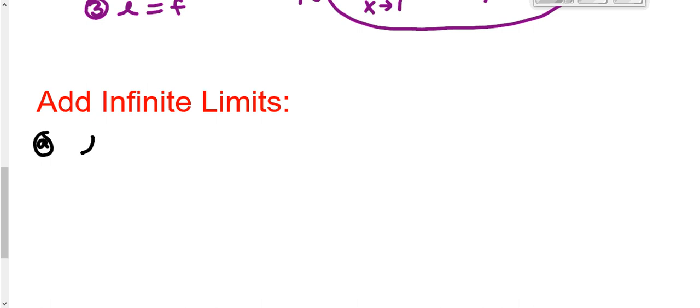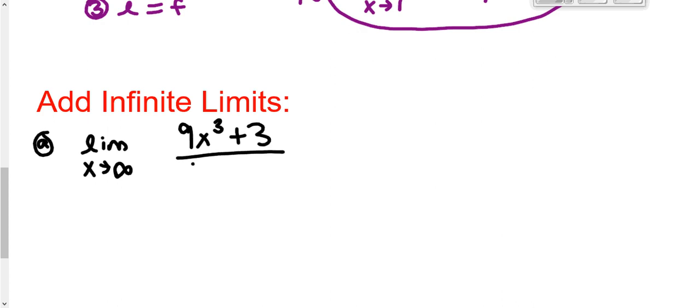A, the limit as x approaches infinity of 9x cubed plus 3 over x squared minus 2x cubed. So this is approaching infinity. We have rules for this, okay? Remember, we get to look for the highest exponent on the top and the highest exponent on the bottom.